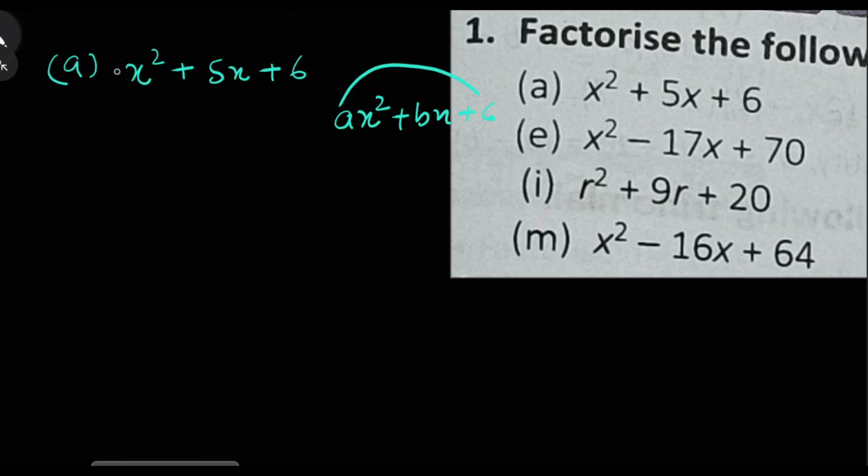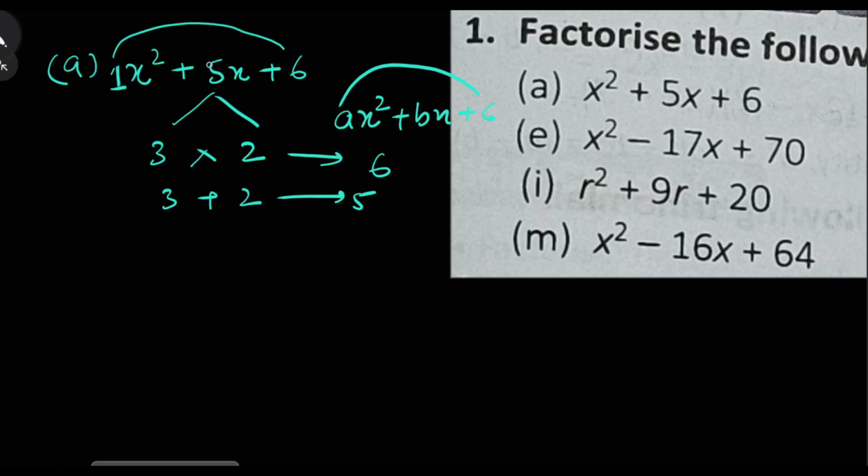As you can see, there is no a, so when there is no a, always suppose that there is a 1. So 1 into 6 we get 6. We have to split 5 in such a way that the split numbers multiply to get 6. So we split it into 3 and 2, because 3 into 2 gives 6, and 3 plus 2 gives this 5.